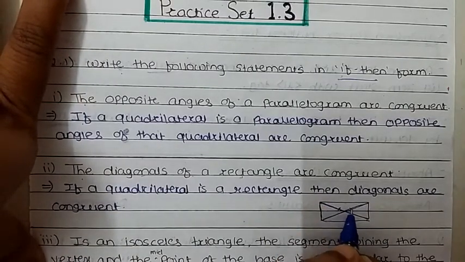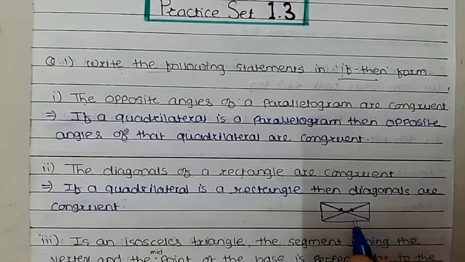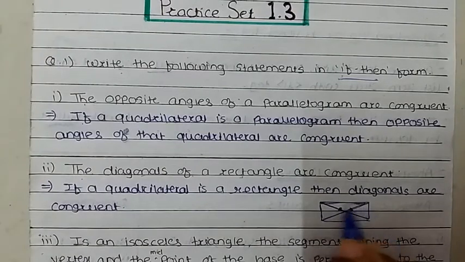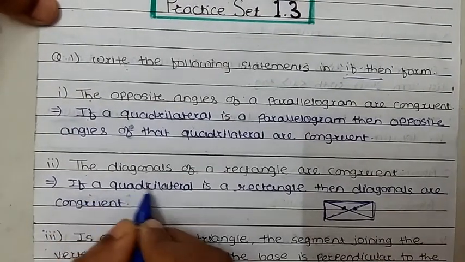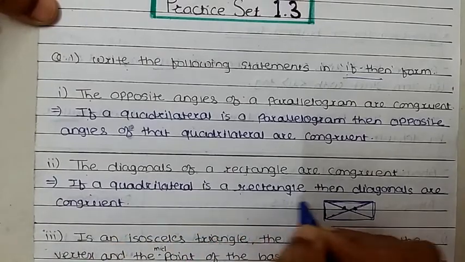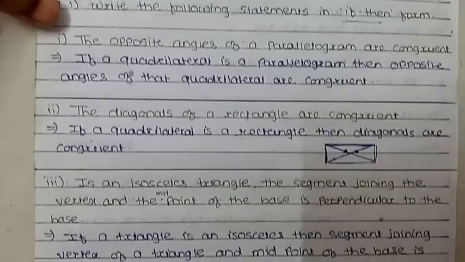Congruent means the same measure. So how to write this? If the quadrilateral is a rectangle, then its diagonals are congruent. Simple.